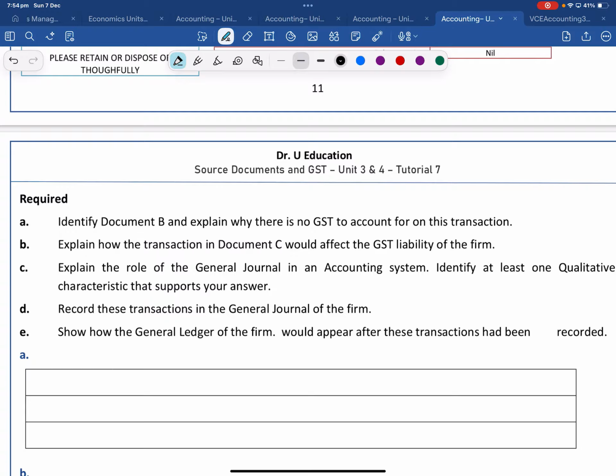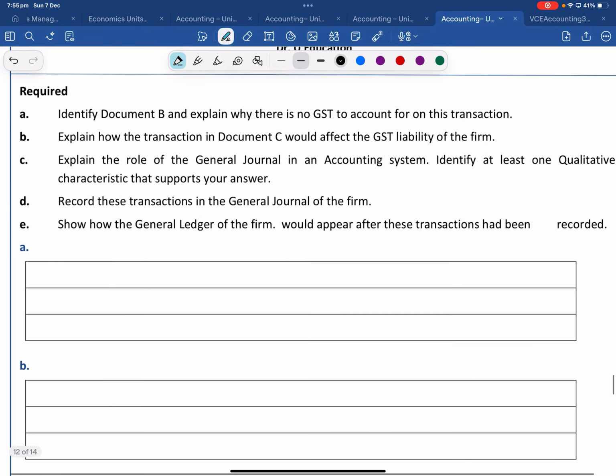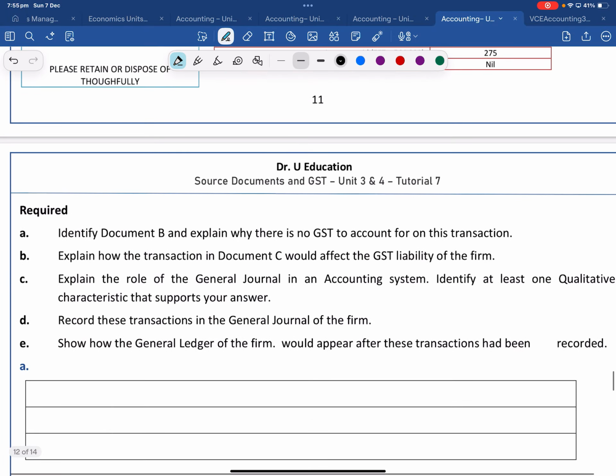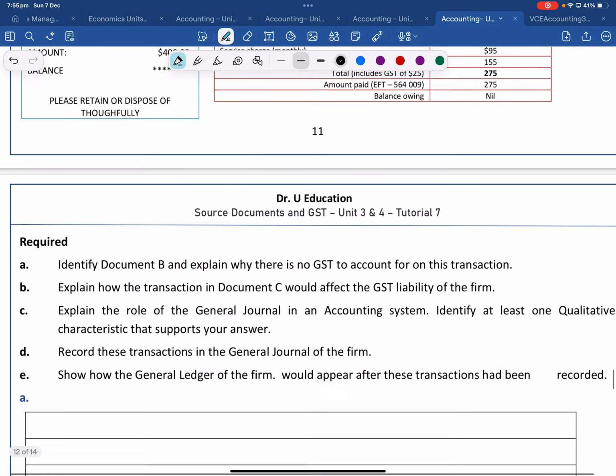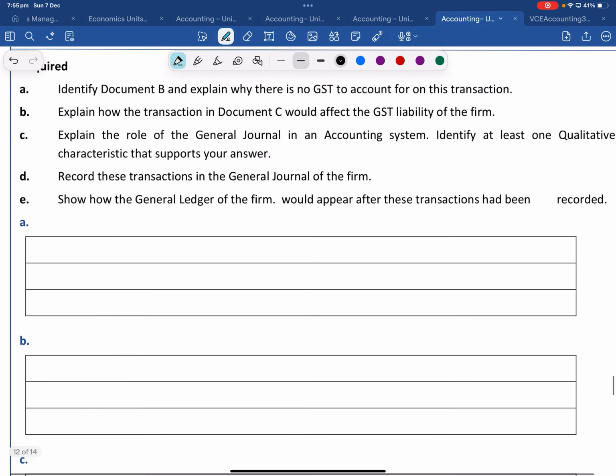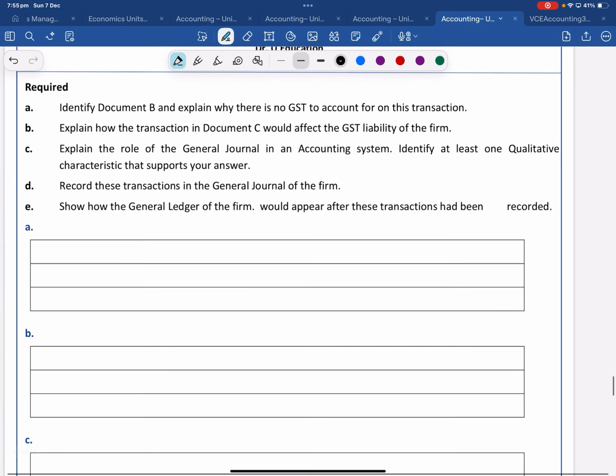Wait, you have to do narration for what you did. For which one? Part C? No, part D. For D, you need narration, even if it doesn't say.